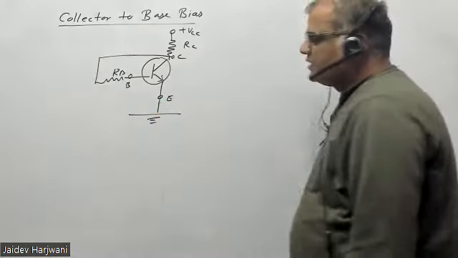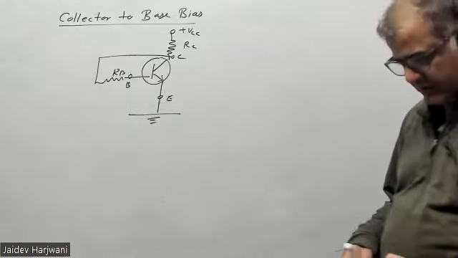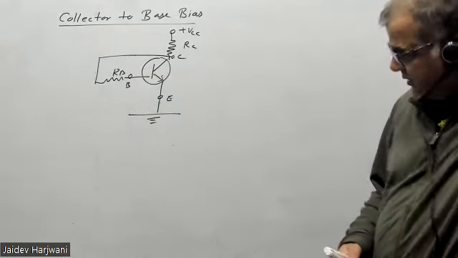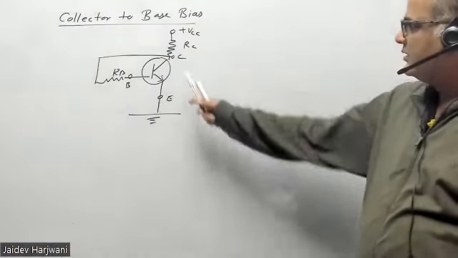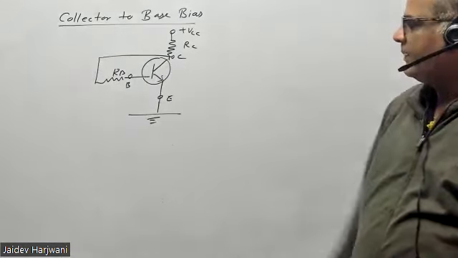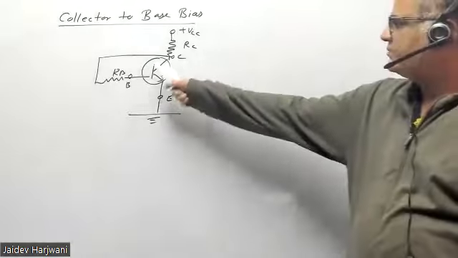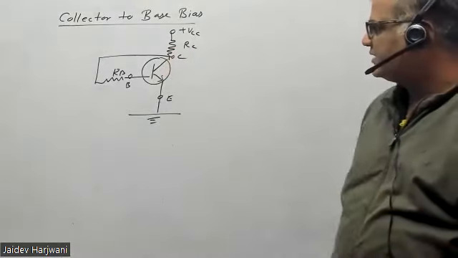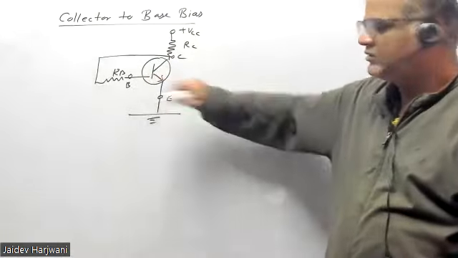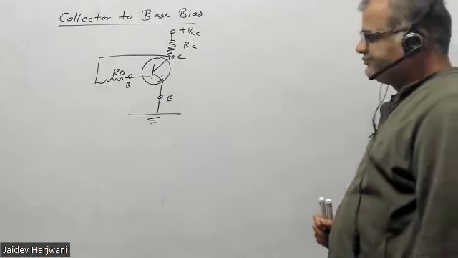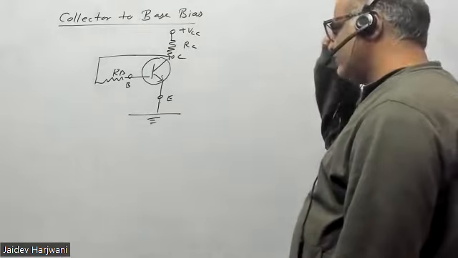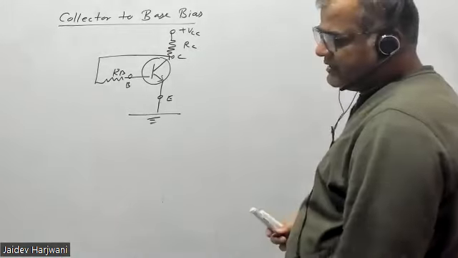Now, what is the advantage of this biasing? This biasing is also giving forward bias to this junction and reverse bias to this junction. So because of minus plus, this junction is reverse biased, and this is plus with respect to the ground, so this junction is forward biased. Now let us see how this biasing is better than fixed biasing.